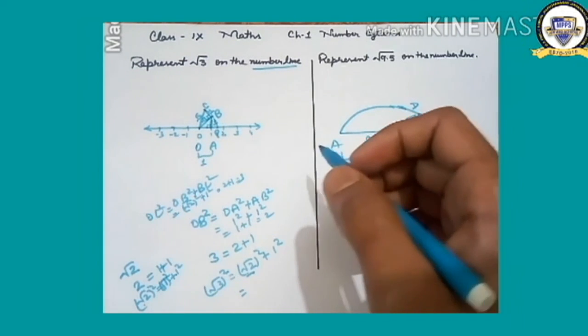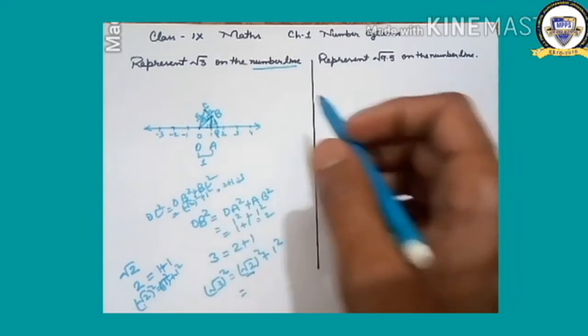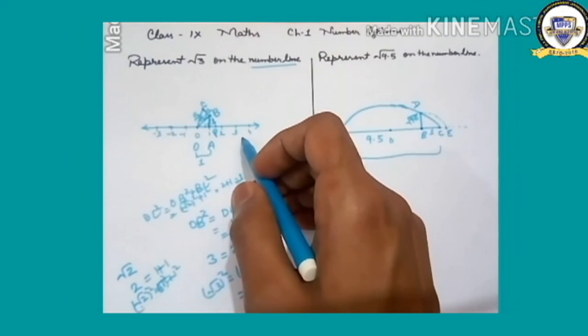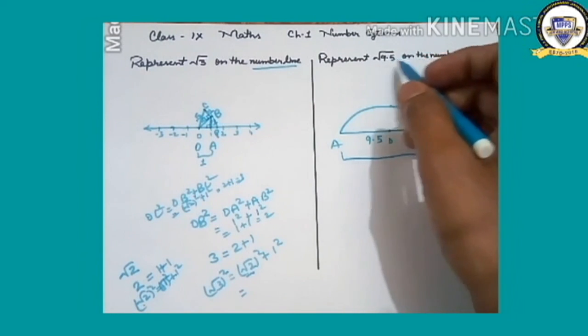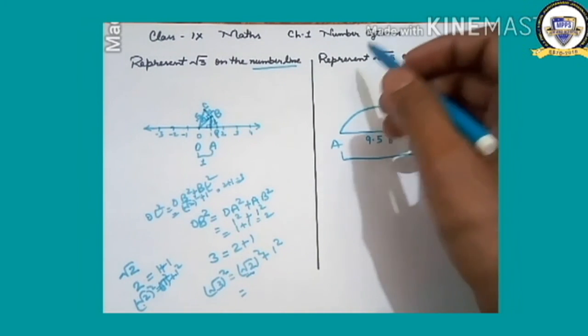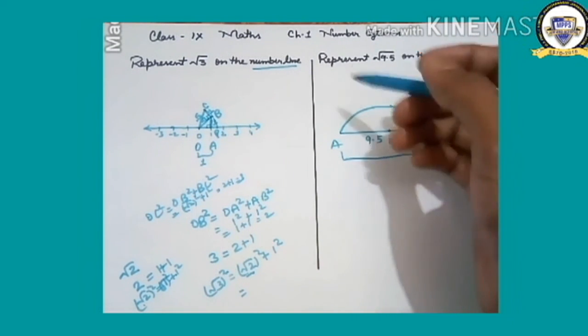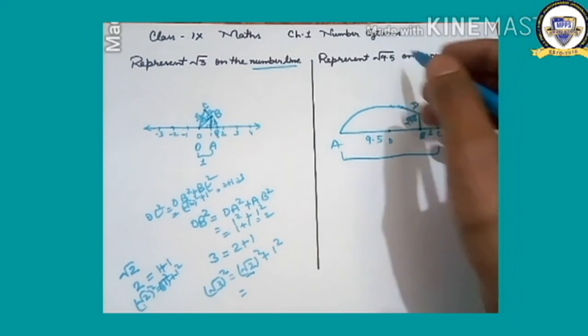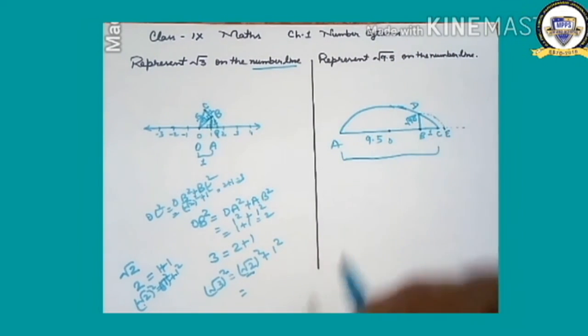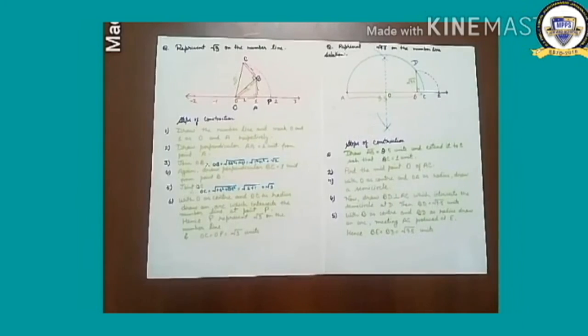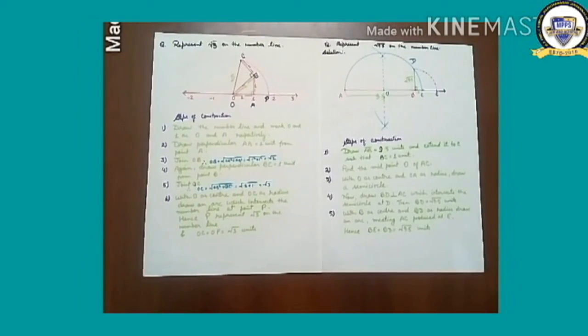If a decimal point is not there, you have to use the first method. Otherwise, if within the square root there is a decimal point, you have to use this method. Now, after plotting, finally you will get it like this.